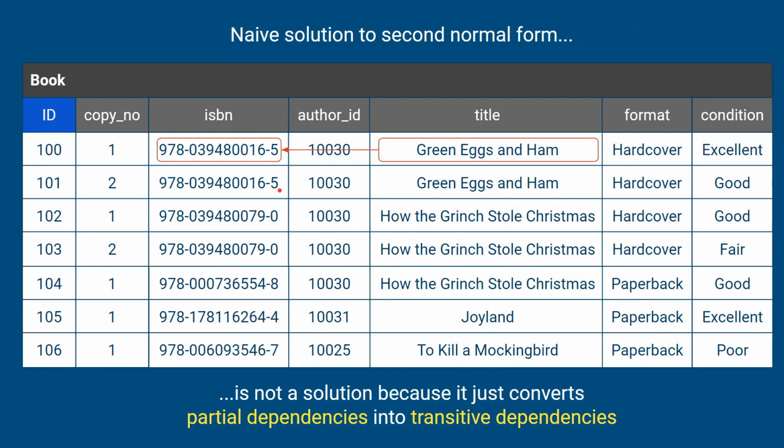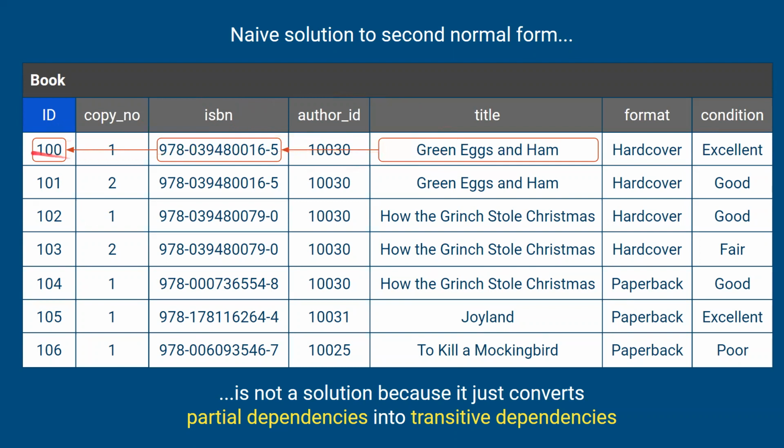So you'll see that we still have the issue where now we've got title depending on ISBN. ISBN is not a part of the primary key, so it's not a partial dependency. We'll look at it and say, well, title depends on ISBN. ISBN depends on ID, so this is a transitive dependency. See where the term comes from? Title depends on ISBN. ISBN depends on ID.